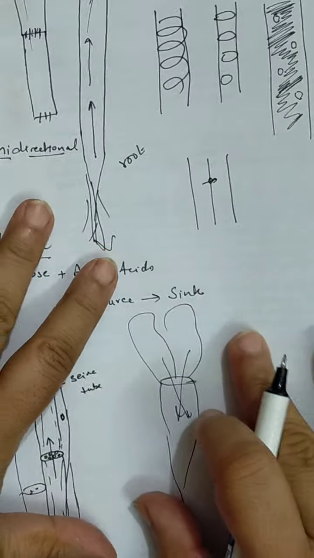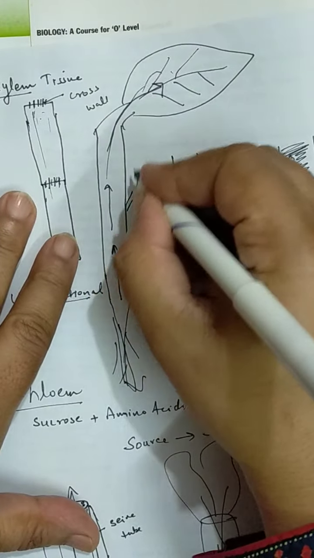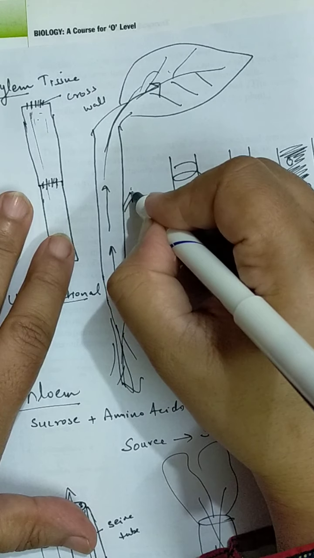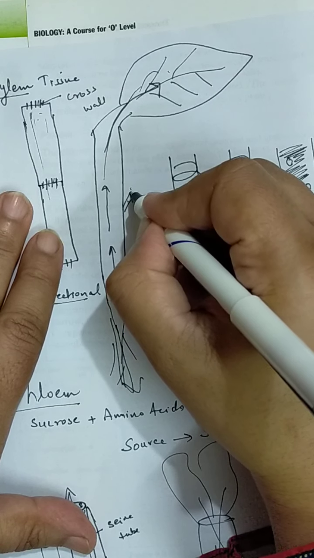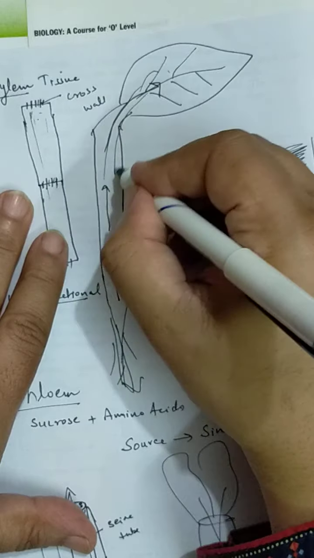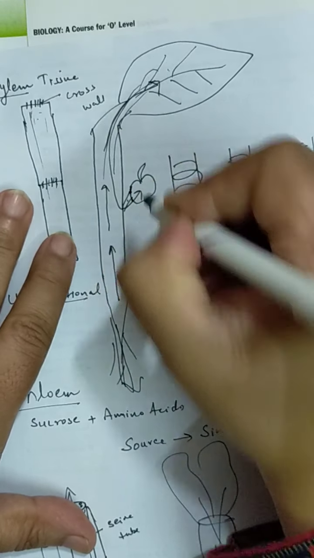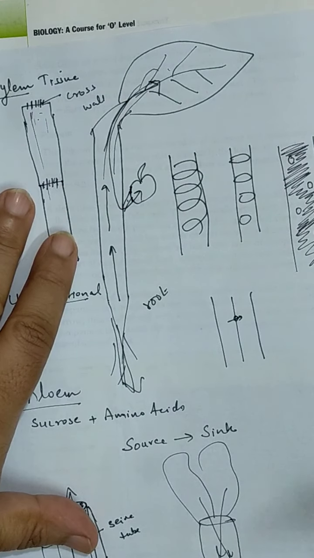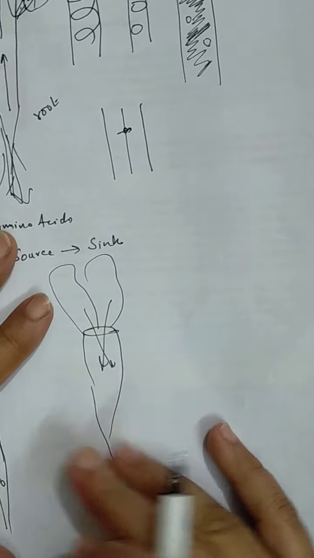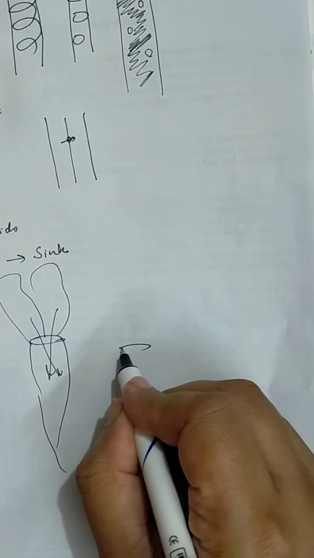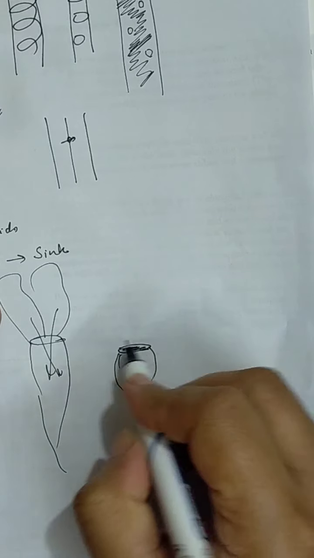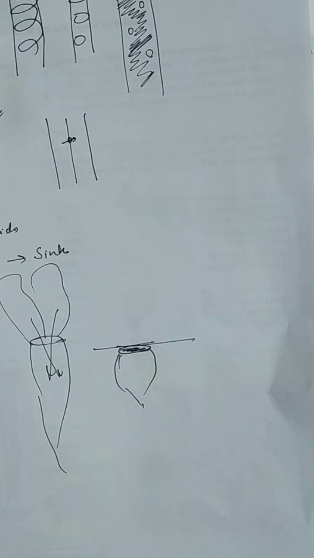Sometimes food is prepared in the leaf and stored in the fruit. For example, here an apple is growing, so food will move from the leaf to the fruit that is going to form in the plant. But sometimes the root stays inside the soil and the plant sheds its leaves.